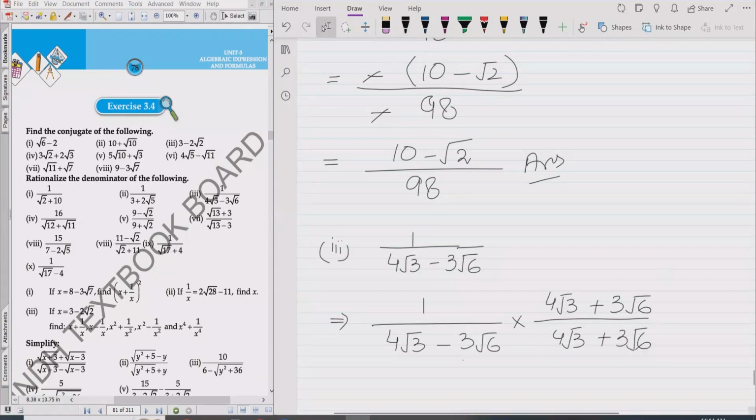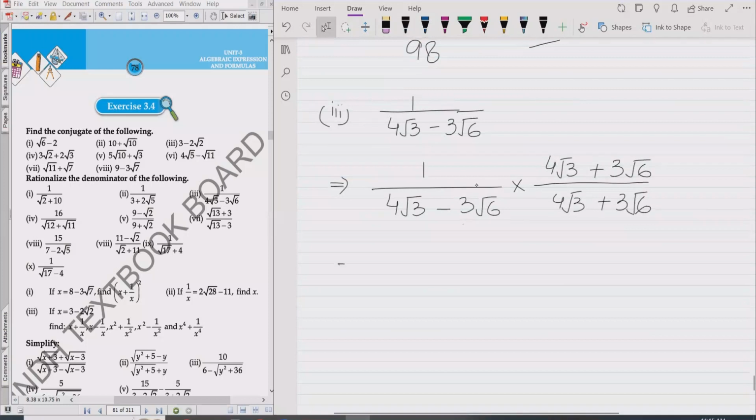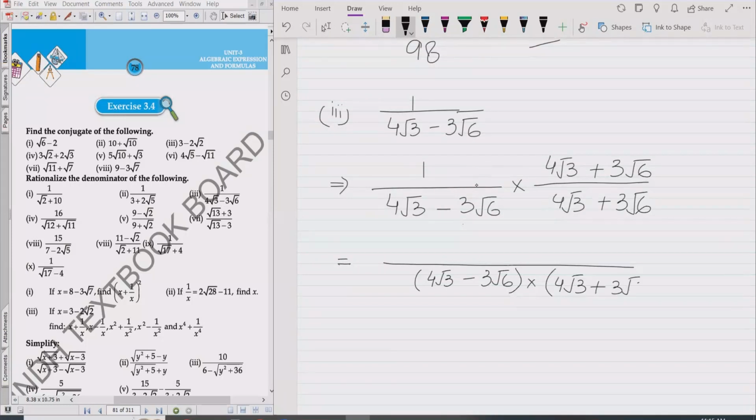And after that, we will simplify these terms. In the denominator, 4 root 3 minus 3 root 6, multiplied by 4 root 3 plus 3 root 6, right? And above, we multiply by 4 root 3 plus 3 root 6.